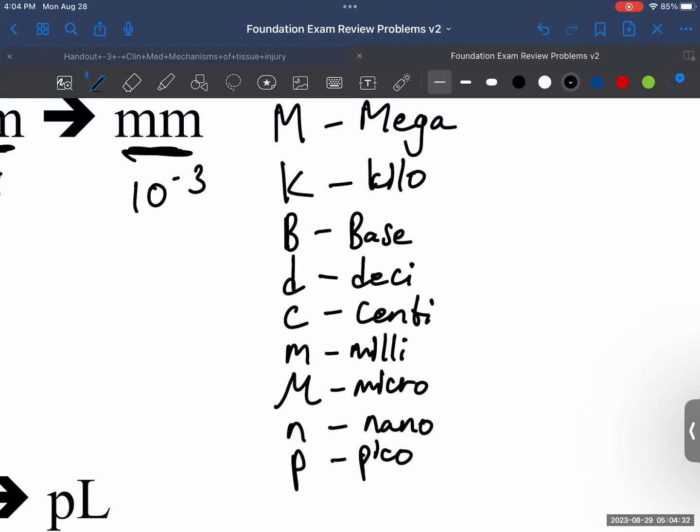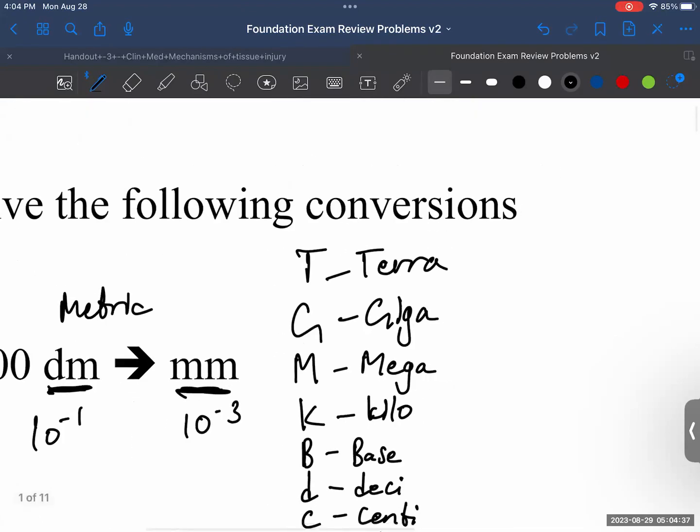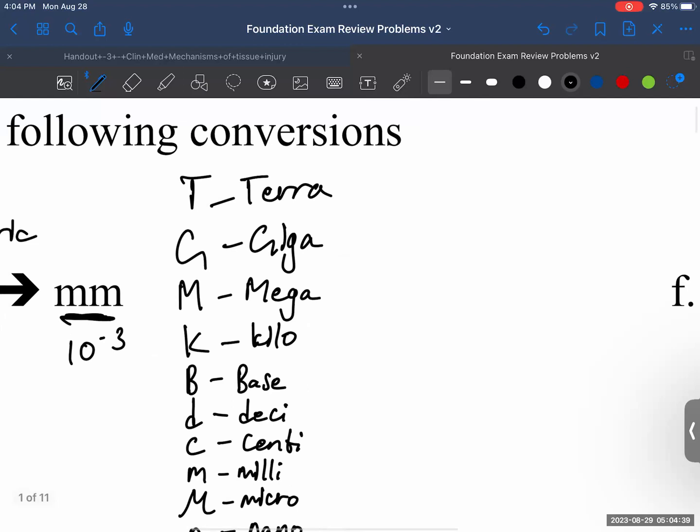All right, let's go through the powers of 10. Tera, what power is it? 10 to the 12. One trillion, in other words. Giga, what power is that? 10 to the 9. One billion. Mega. 10 to the power 6, or a million. Kilo? Kilo, the kilogram, 1,000 grams.